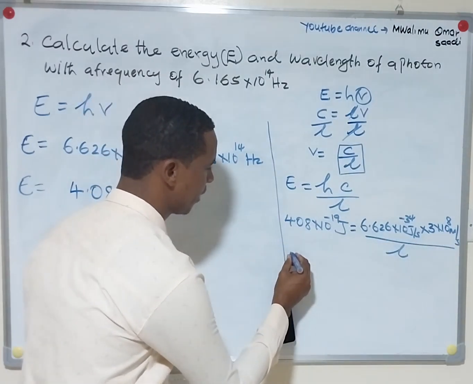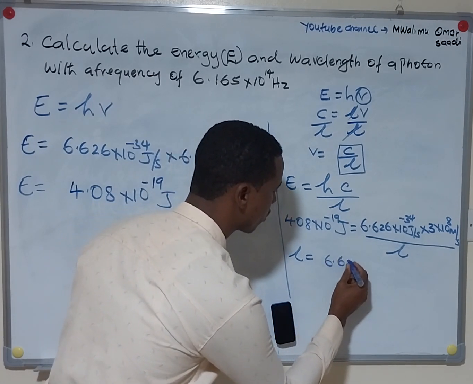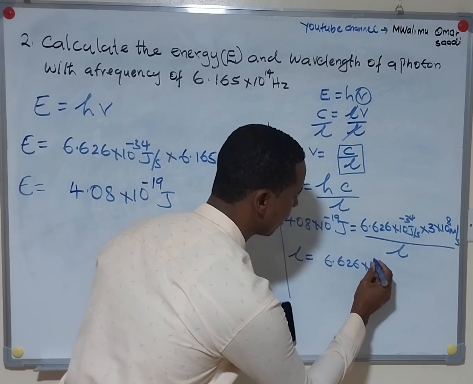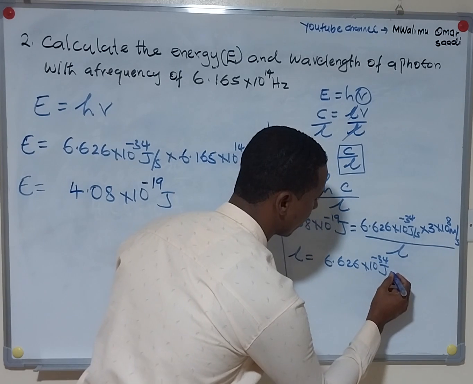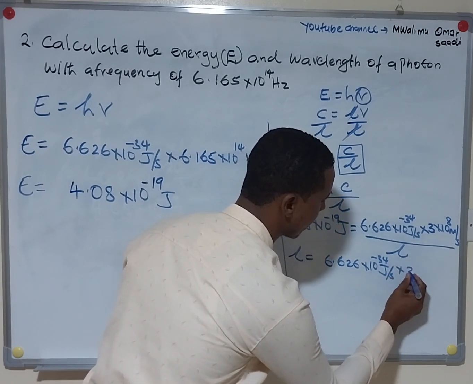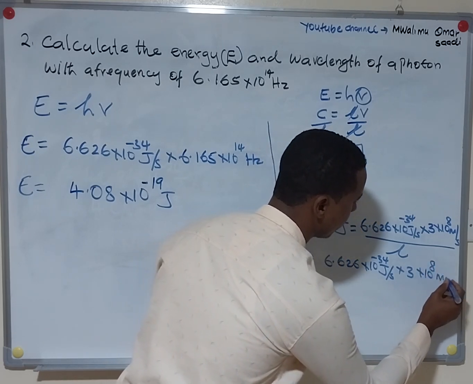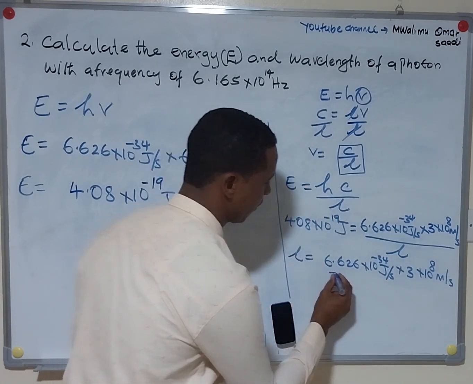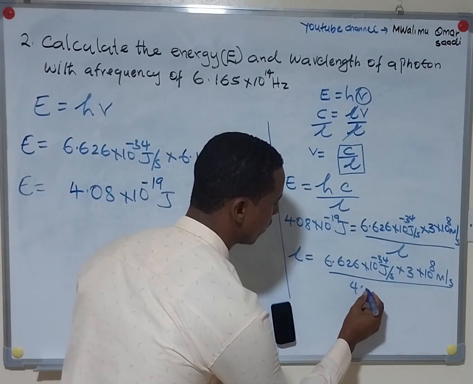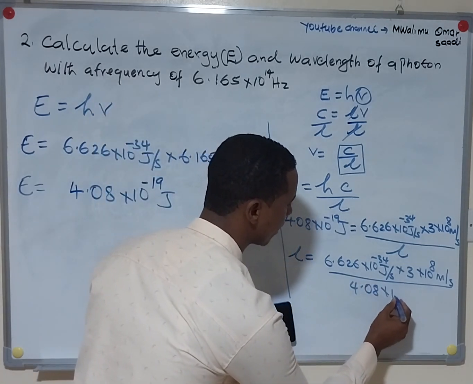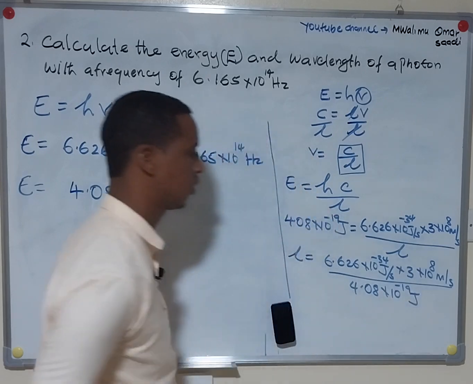So we'll have wavelength is equal to 6.626 times 10 power negative 34 joules per second, times 3 times 10 power 8 meters per second, divided by 4.08 times 10 power negative 19 joules.